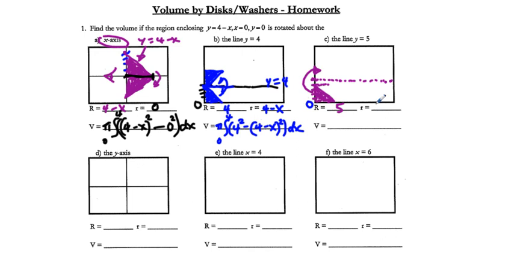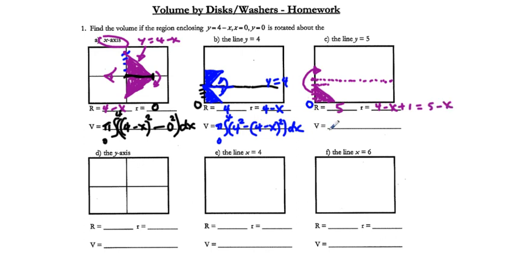It's going to be 4 minus x plus 1, because we have this distance of 1 more from the function to the line y equals 5. So we'll say plus 1. And I'm going to just simplify that out. It's going to be 5 minus x.